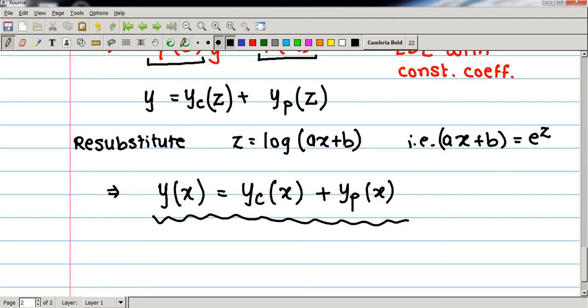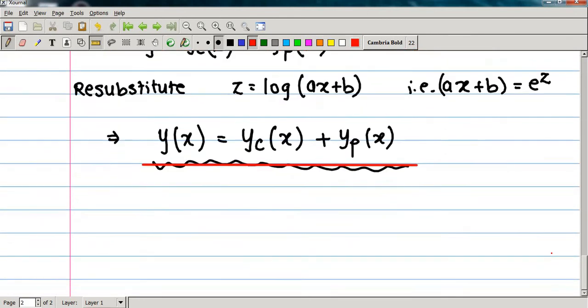Then reconvert that general solution in terms of x by substituting ax plus b is equal to e raised to z. And this is the most important part, because your final solution is obtained in terms of the variable x. So this will be our required general solution.